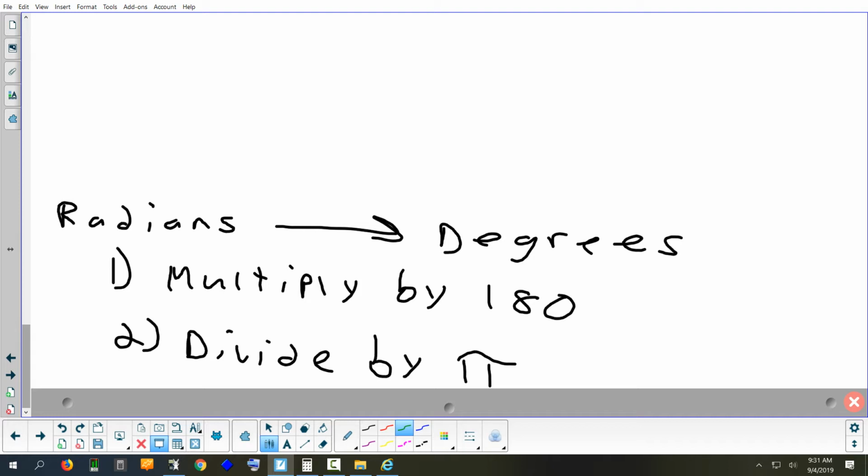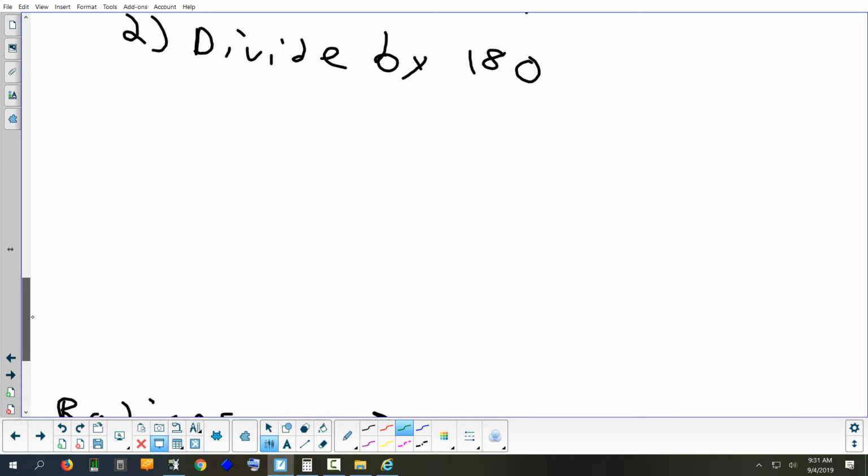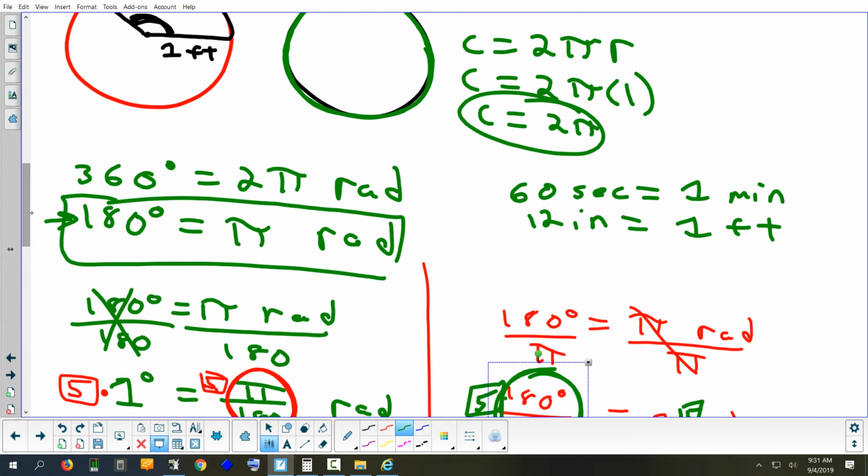Now they're both kind of similar. It's like pi over 180 or 180 over pi, so it's kind of easy to mix them up. So I'm going to show you a way that you can remember which one is which without even really having to memorize this. The only thing you have to memorize is when I say degrees, I want you to think of the number 180.